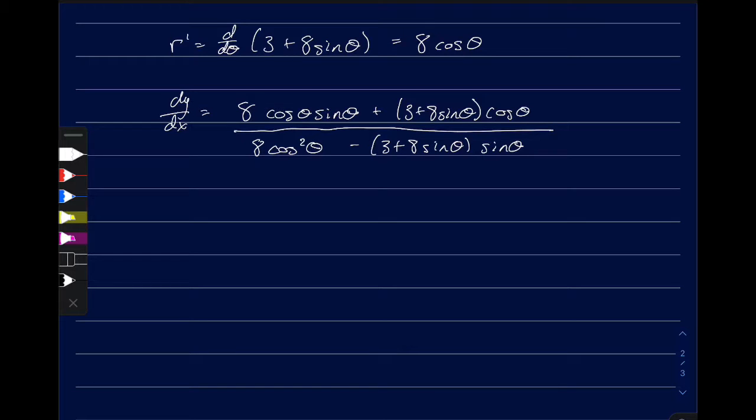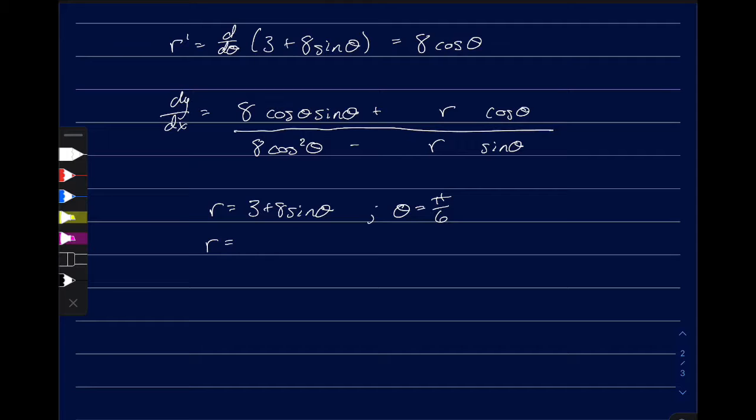And let's go ahead and actually resubstitute 3 plus 8 sine theta with r, because we already know what r is. So we can make this r cosine theta and r sine theta. So r is equal to 3 plus 8 sine theta, and we're looking at theta equals pi over 6.